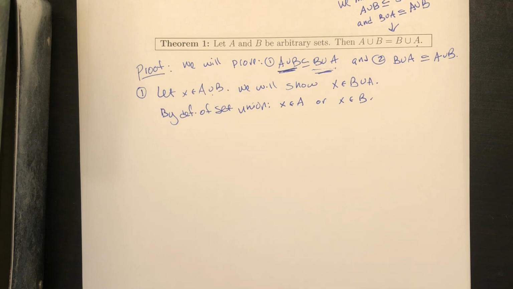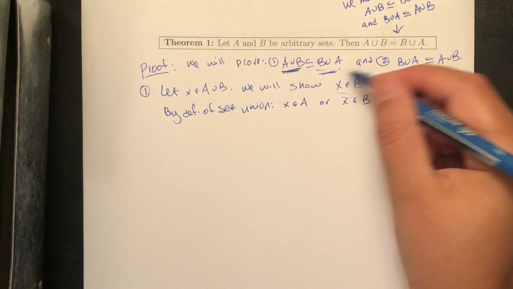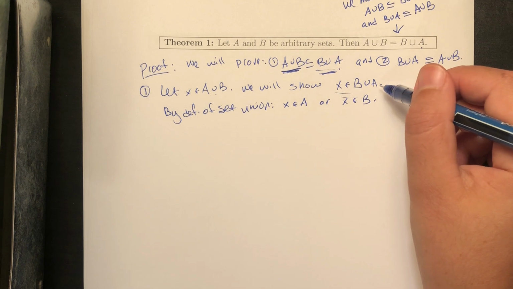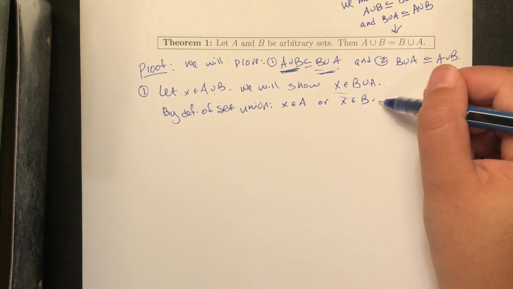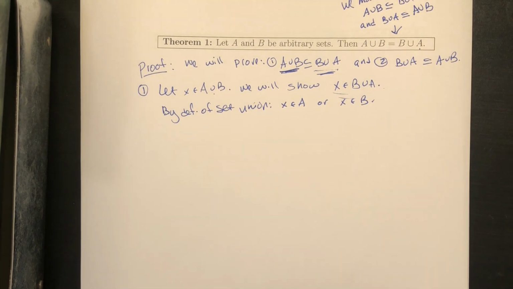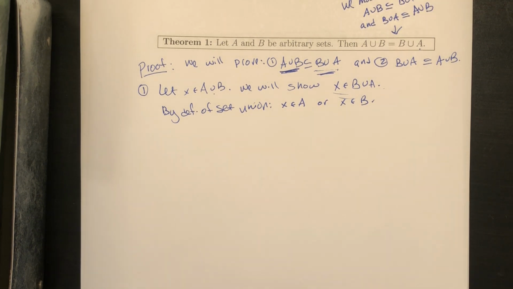We're trying to show X is an element of B union A. In order for X to be an element of B union A, that means it's an element of B or it's an element of A. That's basically what we have here, but in a different order. So how do we justify that this means the same thing as the swapped version, that X is an element of B or X is an element of A?